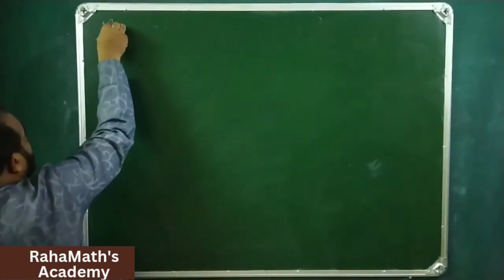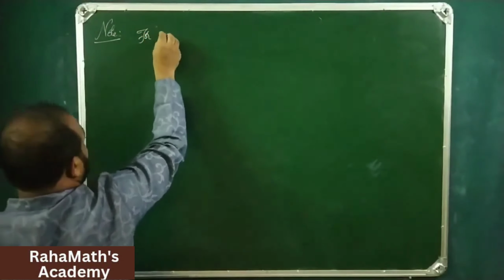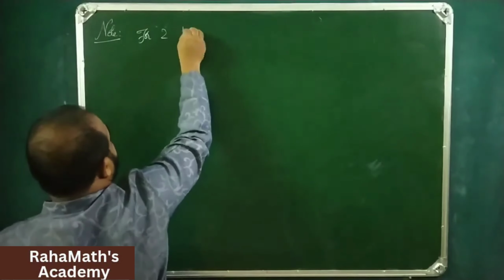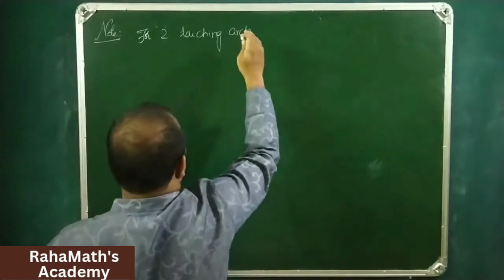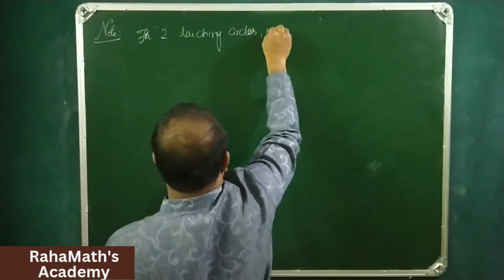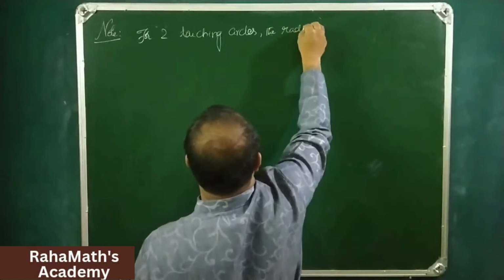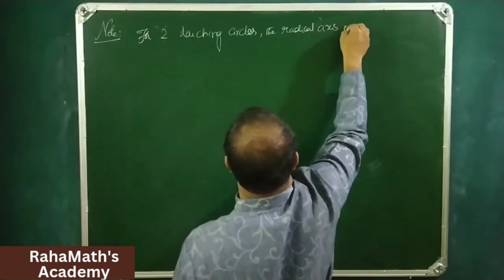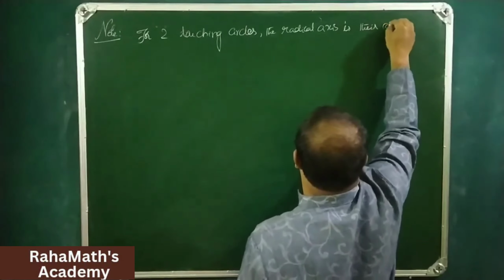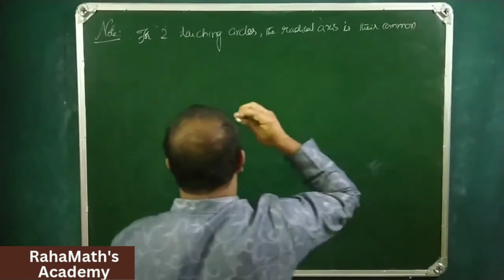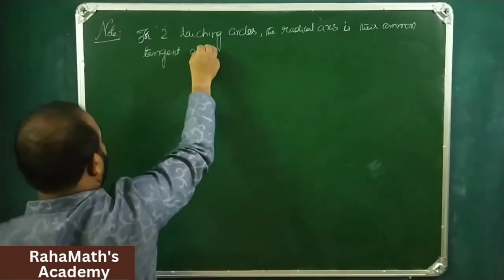Note: for two touching circles, the radical axis is their common tangent at their point of contact.